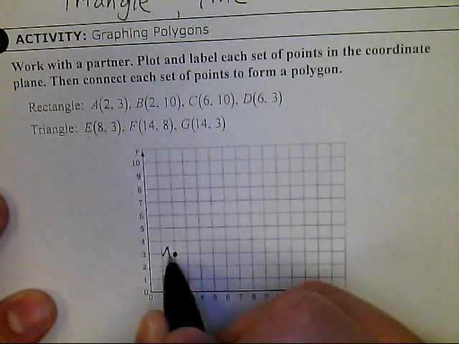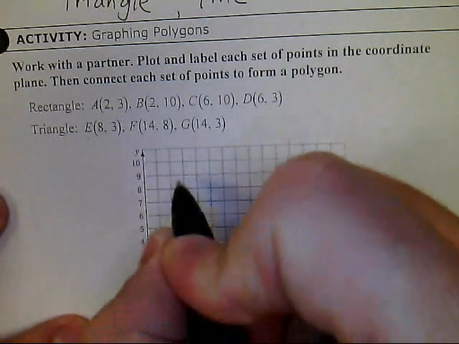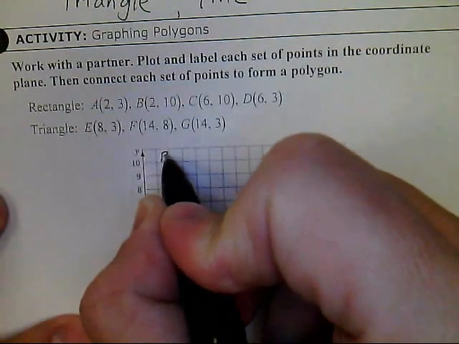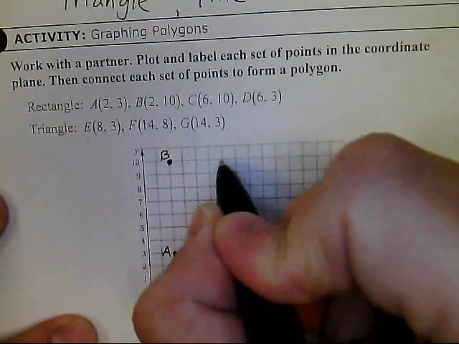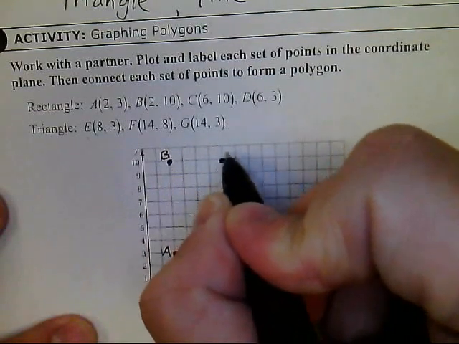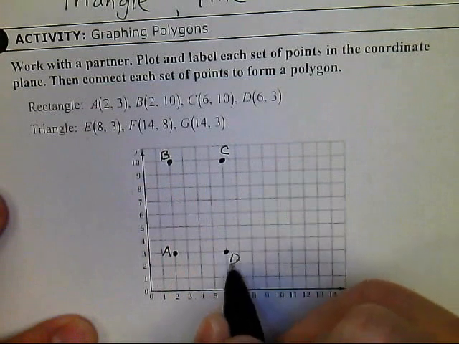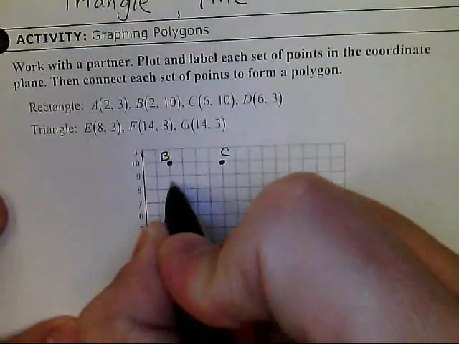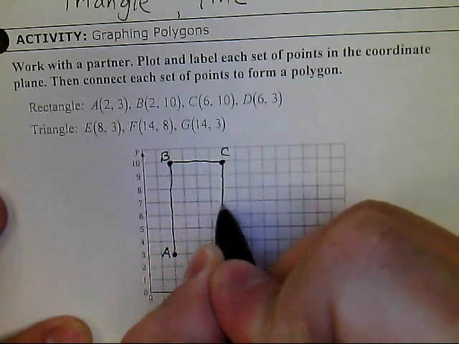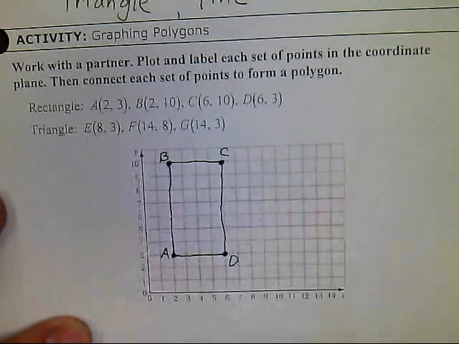That's point A. Then over 2 up 10 is point B. Over 6 up 10 is point C, and over 6 up 3 will be point D. And you can very clearly see as I connect those points, this is indeed a rectangle as the direction stated.